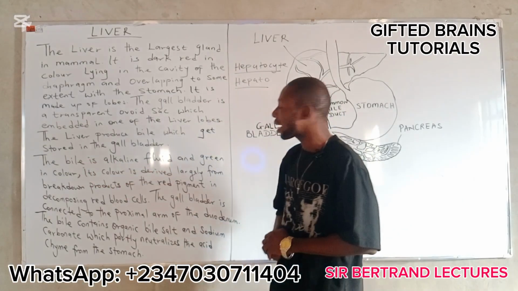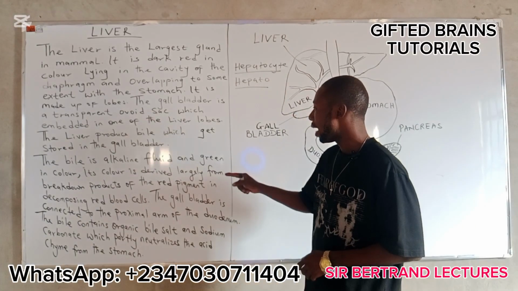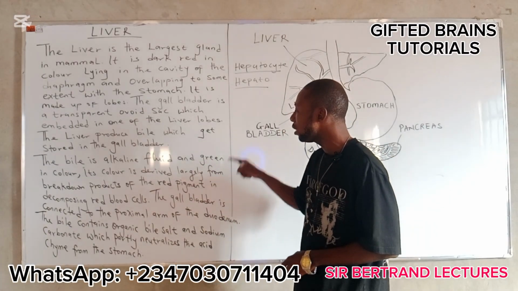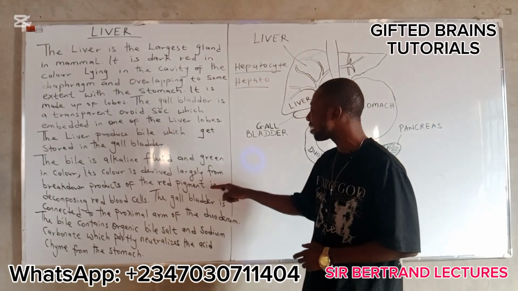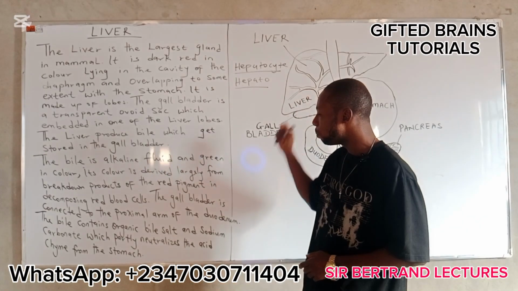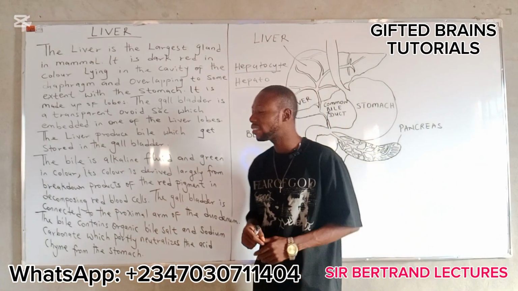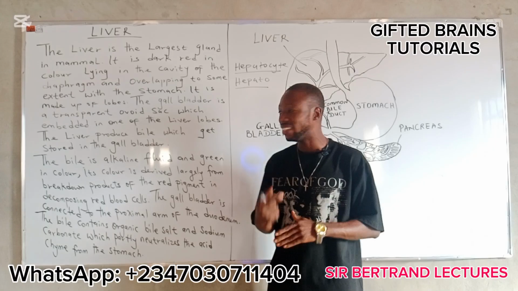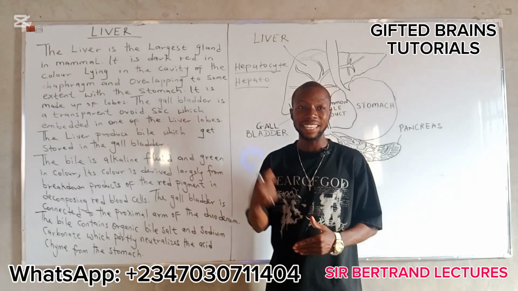The bile is an alkaline fluid and green in color. Its color is derived largely from breakdown products of the red pigment in decomposing red blood cells.